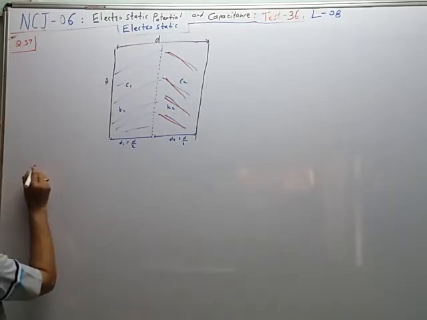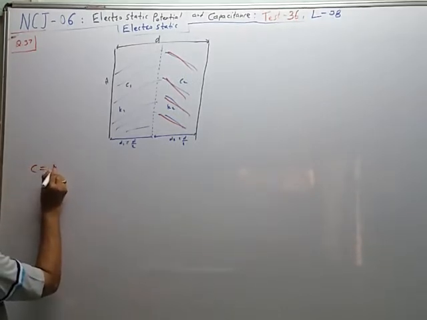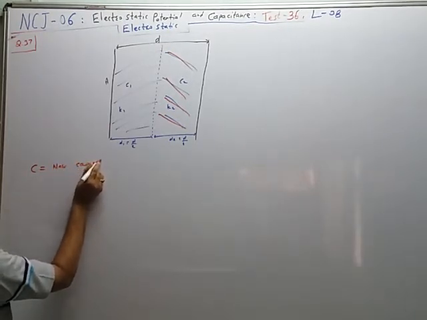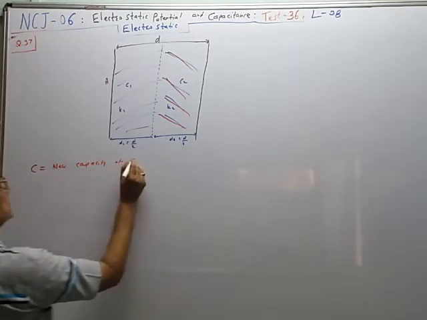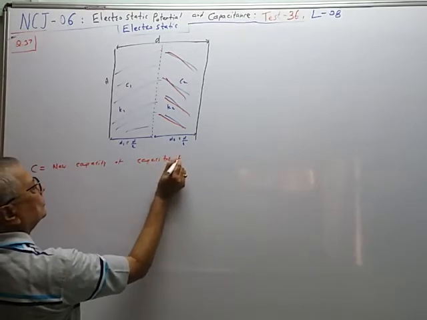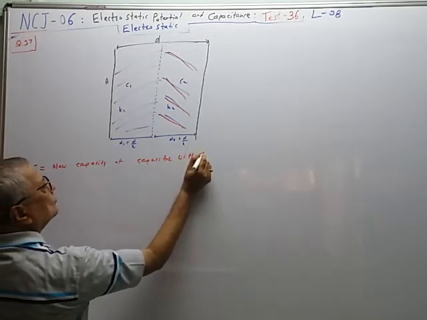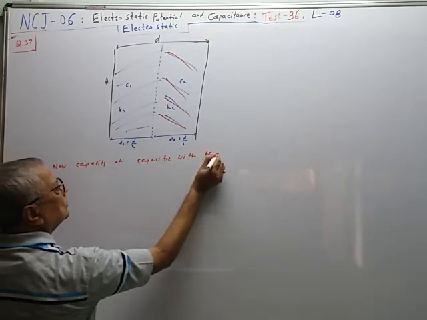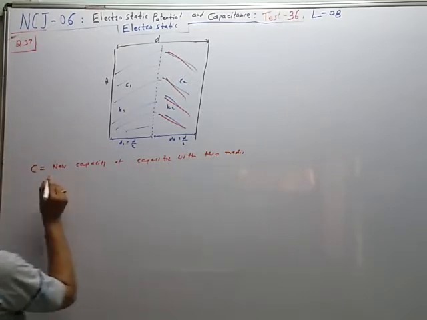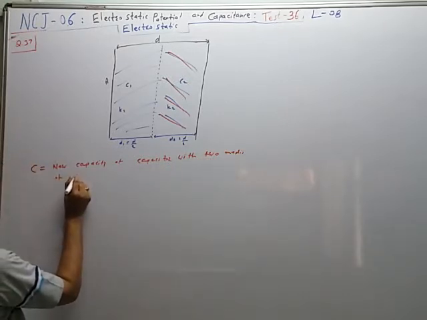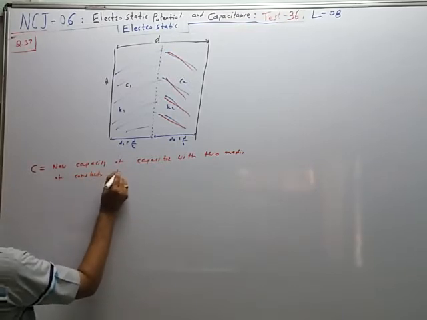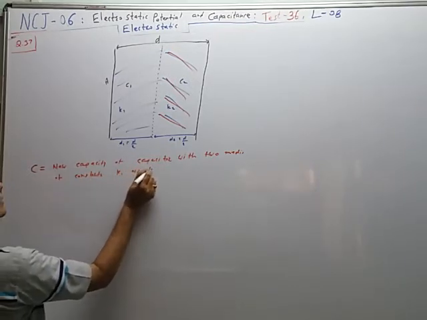So C is equal to the new capacity of the capacitor with two media of constant K1 and K2.